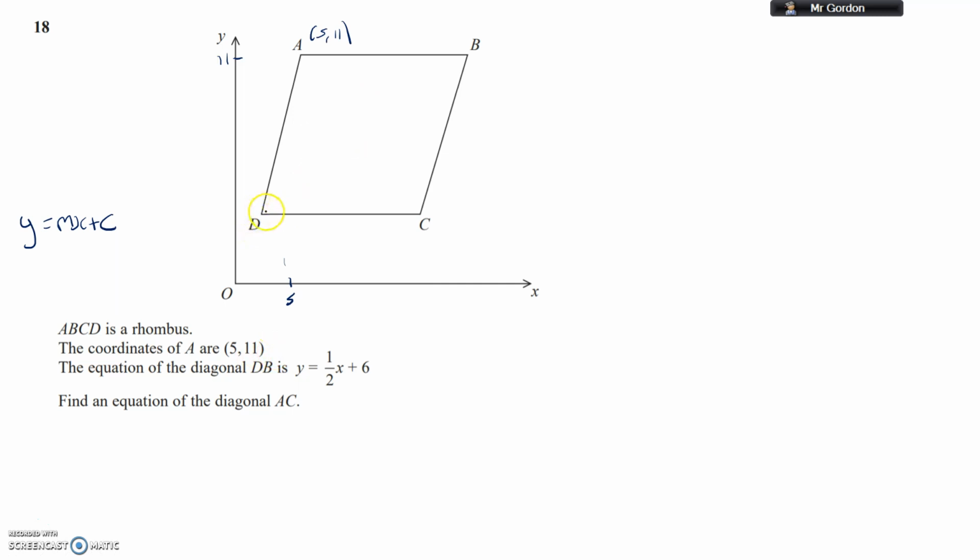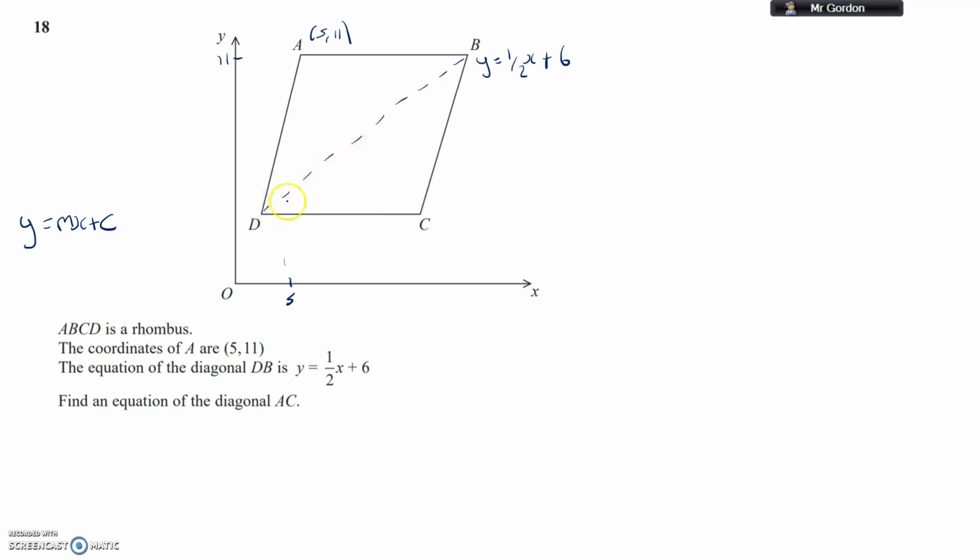So if I try and sketch it in, this diagonal cutting across this way from D to B is the equation of that line. y equals a half x plus 6, which means if I carried the line on, it would cross the y-axis here at 6, and also it's going up by a half.